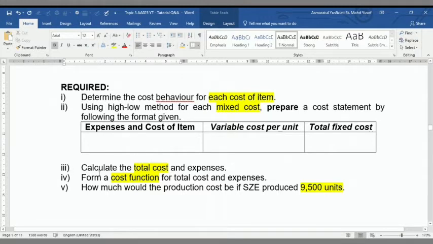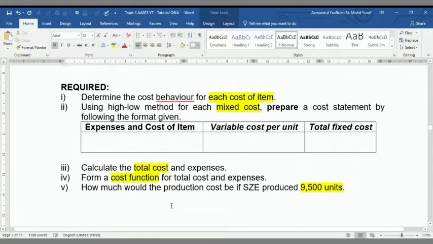Okay, and then 3 Roman is to calculate the total costs and expenses. 4 Roman is to form a cost function. And 5th Roman is to calculate how much would the production cost be if SZE produced 9,500 units. Okay, now we look at the answer one by one.